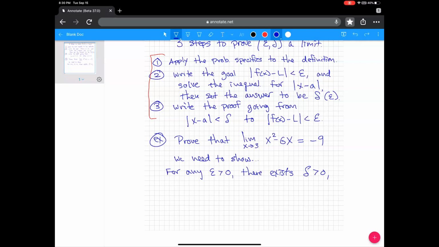You'll basically be rewriting this every time until you've remembered it very clearly. Such that when the absolute value of 0 is less than the absolute value, let's clean this up.